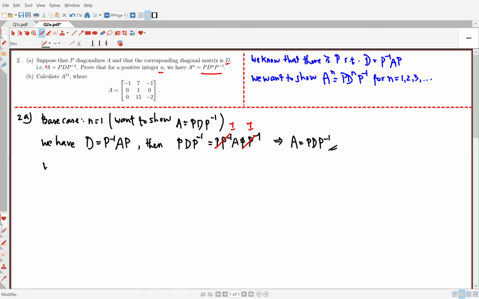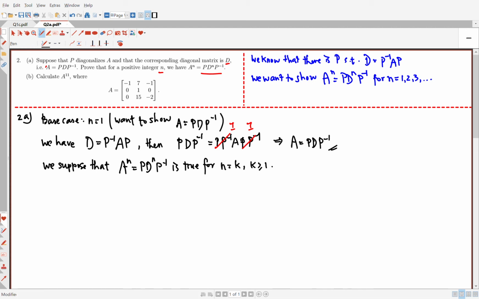Now we suppose that A to the power of n equals P D to the power of n P inverse is true for n equal to k, where k is more than or equal to 1.